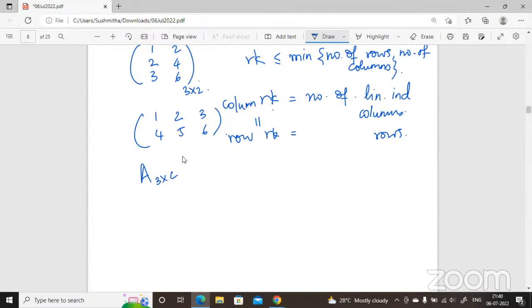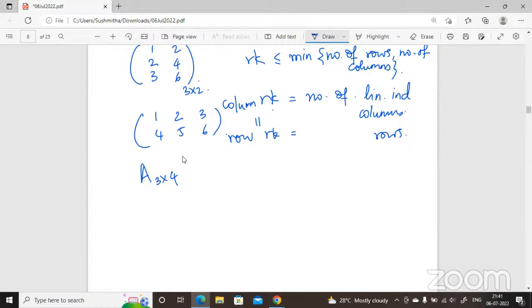If it's 3 cross 4, the rank can be at most 3. The minimum number. Normally, we take m into n, and we always take the number of columns as the n variable. Even I had rank plus nullity equal to n, no?